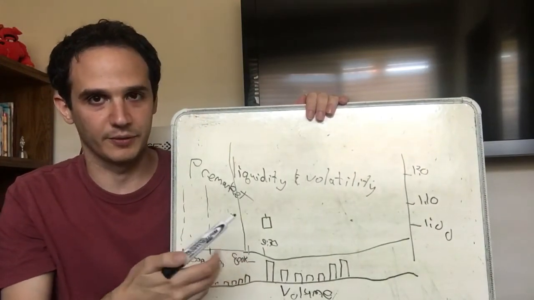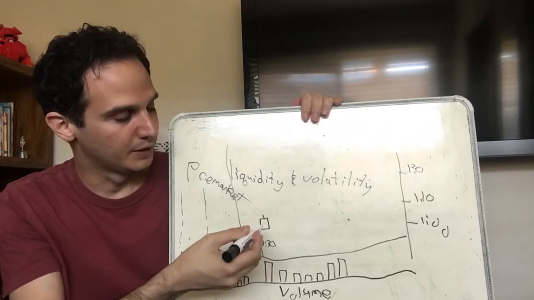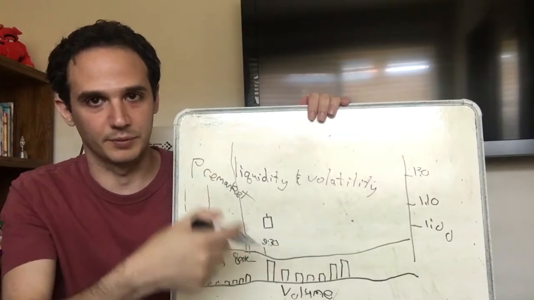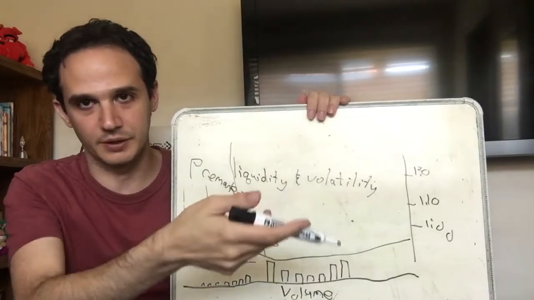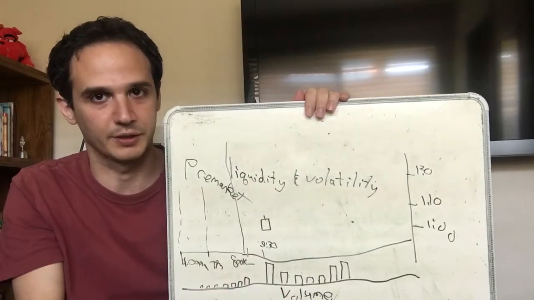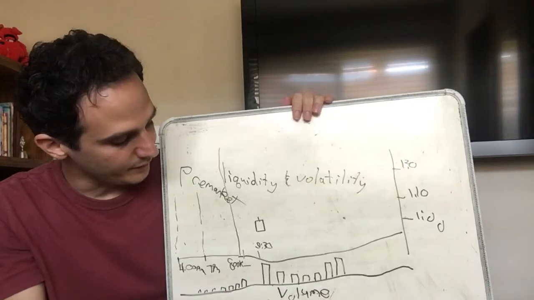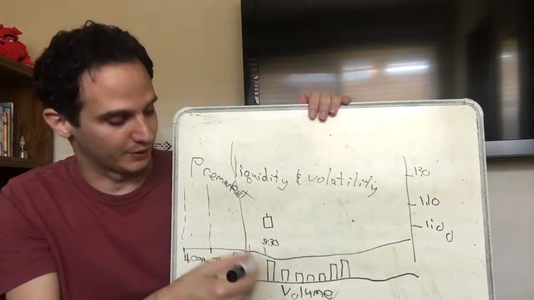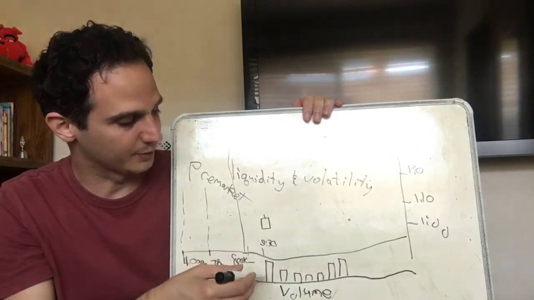And so you have to think, when you buy, there also needs to be some sellers to buy the shares that you're selling into the market. So you'll want to be paying attention to the volume to make sure it's liquid.